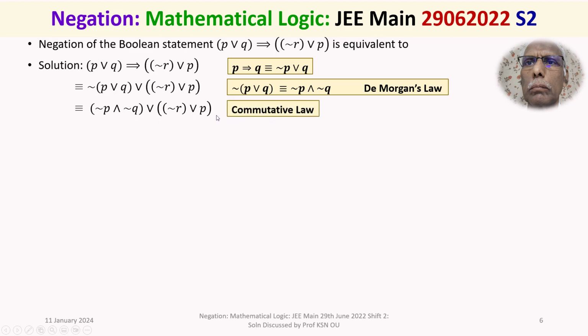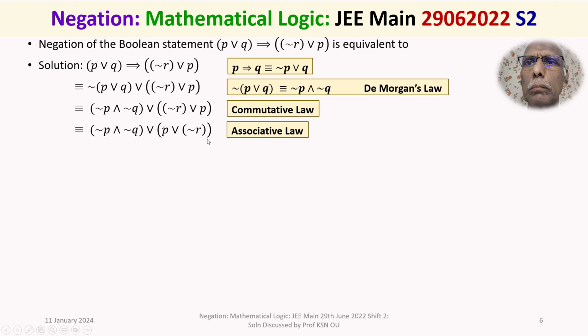So if I apply the commutative law, the first one is as it is, and the second is P or negation of R. Right. Now we apply the associative law, thinking that this is one term and these are the 2 terms connected by or. Agreed.